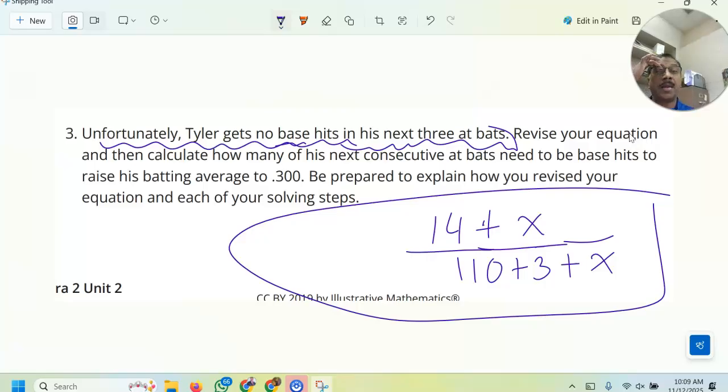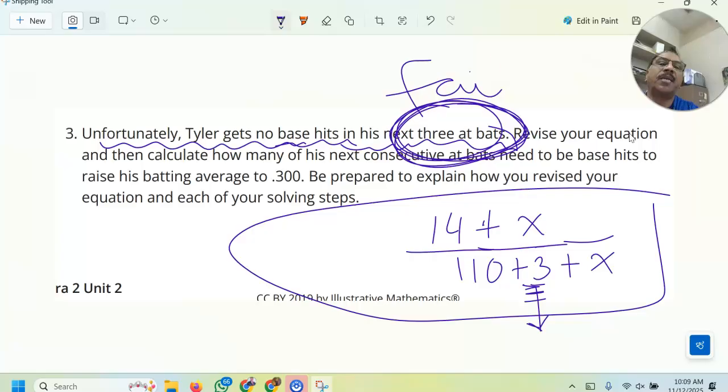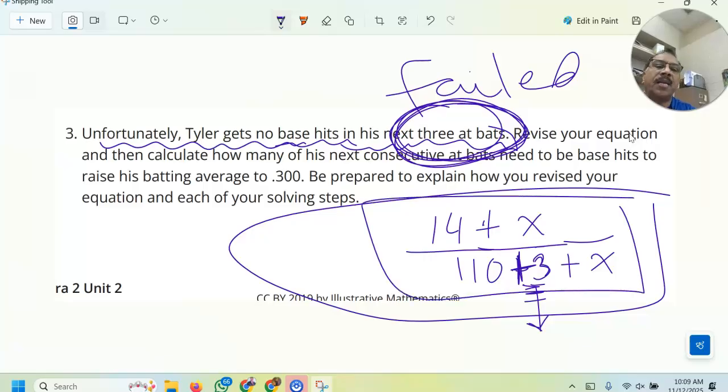See? So he went to bat and he failed. So this plus 3 is because he went 3 times and did not get hits. So 3 times he failed. Because he failed, I have to add 3 to the denominator. And then you have to do this and solve this to 0.3.